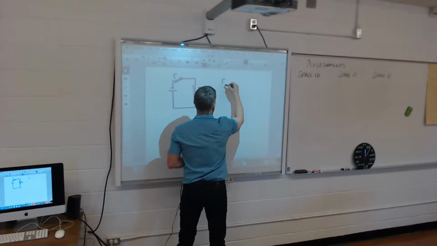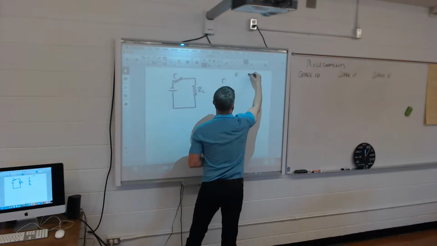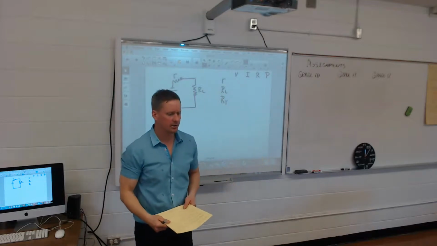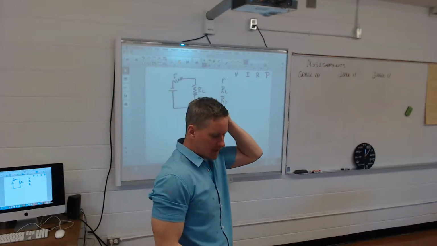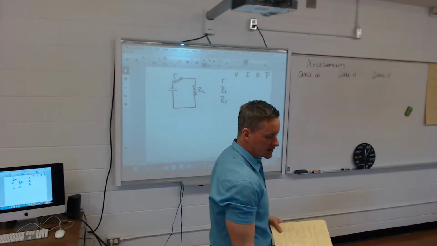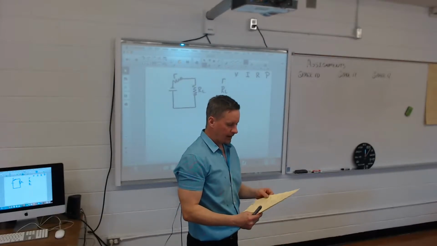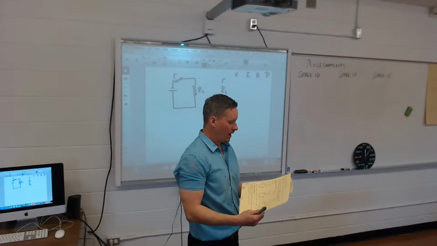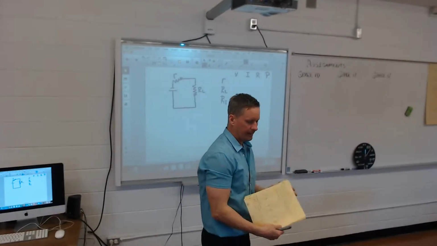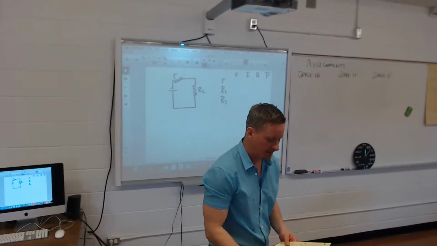So I've got R, RL, RT, E, I, R. And now we're going to add P to our chart. So not much has to change. All we're doing is we're going to add P to our chart. Okay, now we're not going to do elaborate circuits like we did in the previous one, but there's one piece of important information in here that we have to know. This is on page 5 of my notes.